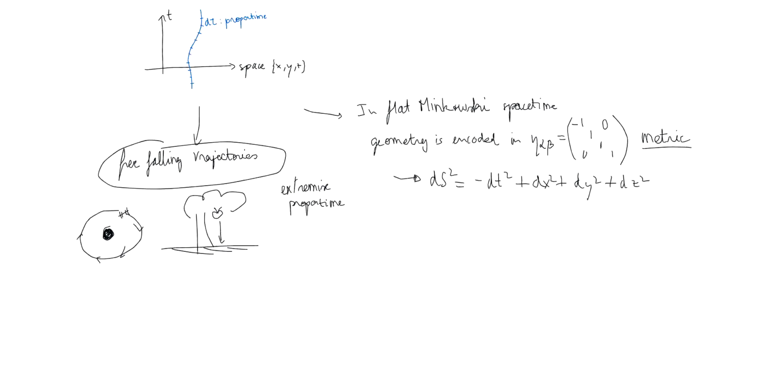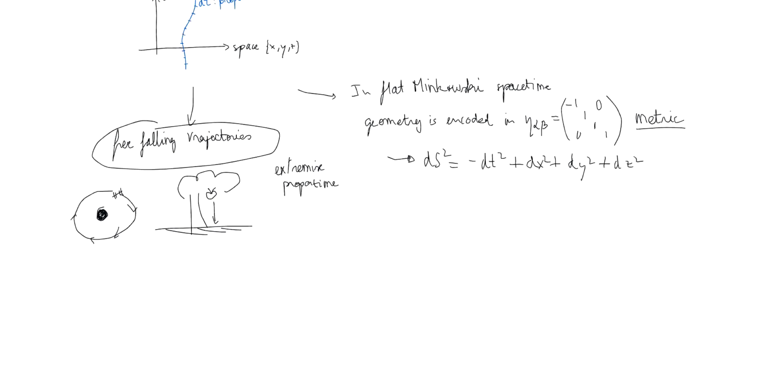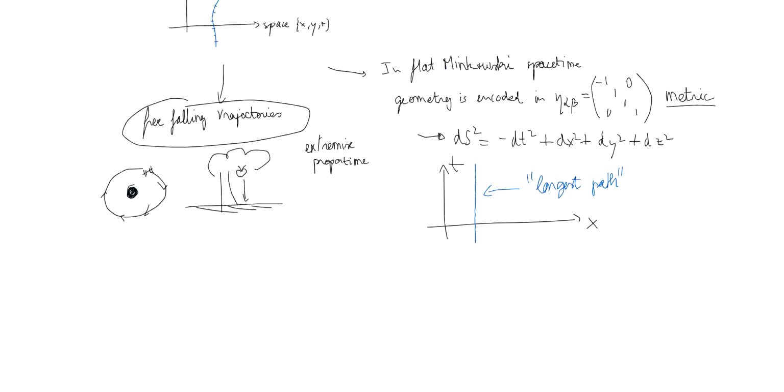So now I can properly draw a space-time diagram. For example, in flat space-time, an extremal path would be a straight line, and this is the longest path possible.